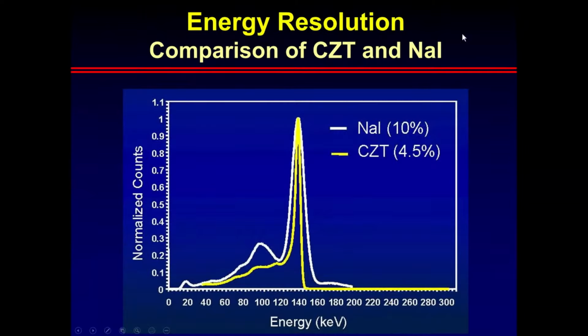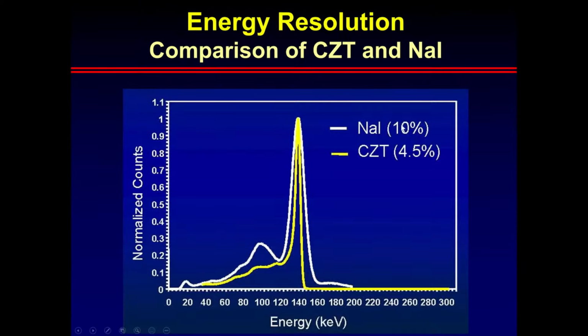Now, there are different detectors. There's sodium iodide, which we've used for 30 years, and there's also CZT, cadmium zinc telluride, which actually does a better job with our pulse analysis than sodium iodide does.